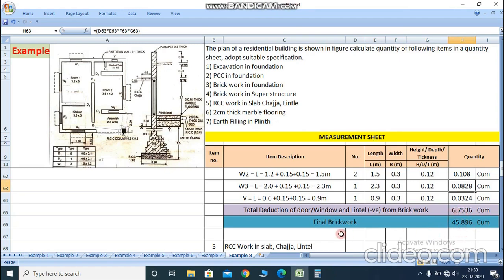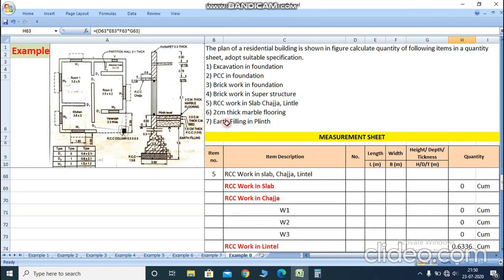Now we calculate the fifth item, RCC work in slab, chhaja and lintel. For RCC work in slab, only a single slab is provided. The length and width are already calculated.